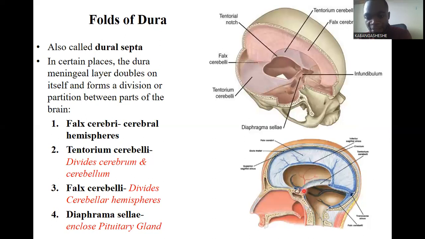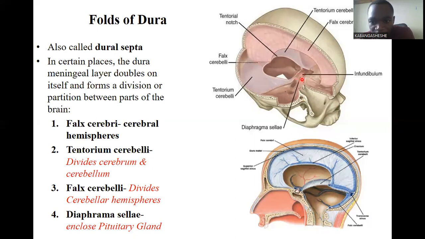Now, instead of completely cutting off the pituitary gland from the diencephalon, you find that the dura mater encircles around it. So it will leave a gap, more like a keyhole space, through which the stalk, the infundibulum, will pass through to hang the pituitary gland to the rest of the diencephalon.